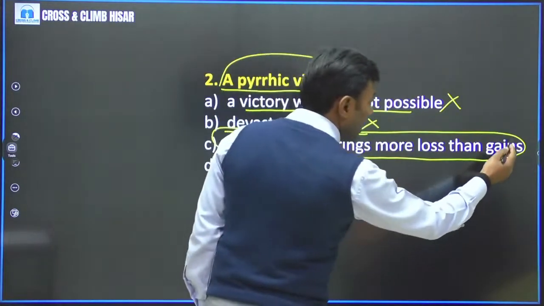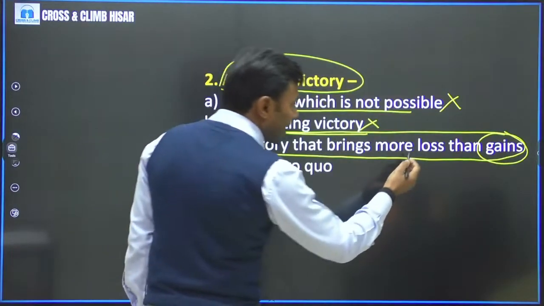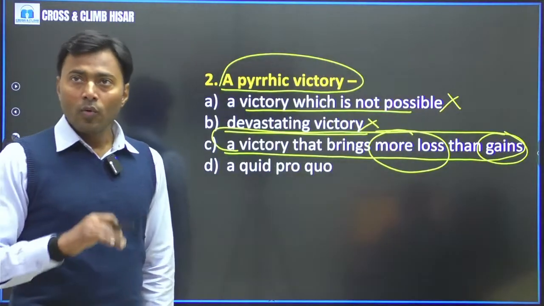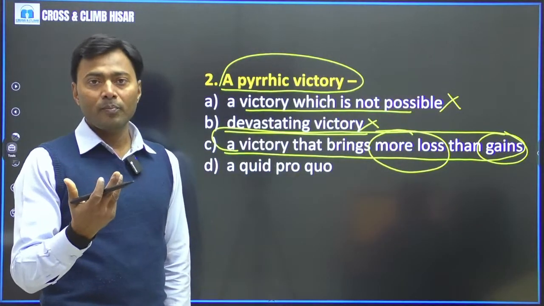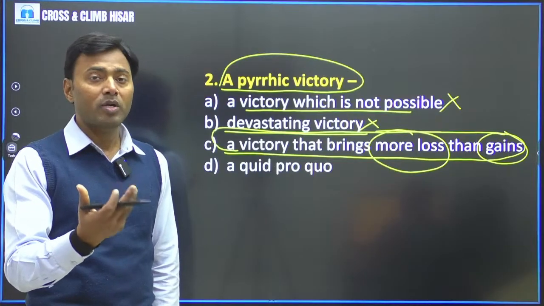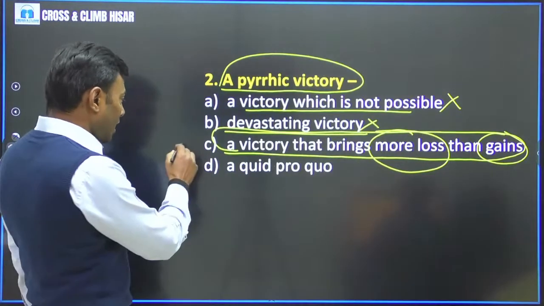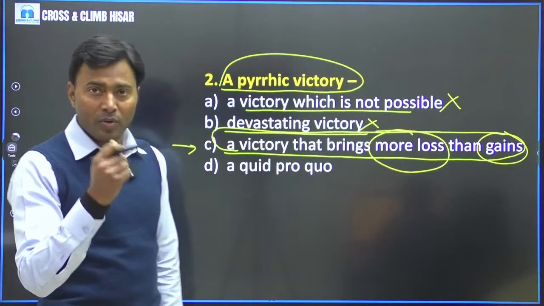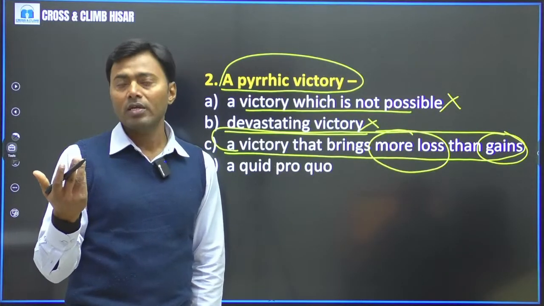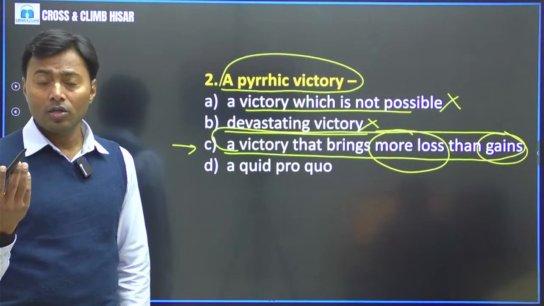Whatever gain we have got out of this victory, it has caused more loss. That's why this is called a Pyrrhic victory. We have got gains, but the kind of loss we have suffered is something that cannot be compensated. If you remember an example we have been listening to since history, Emperor Ashoka, the war of Kalinga.